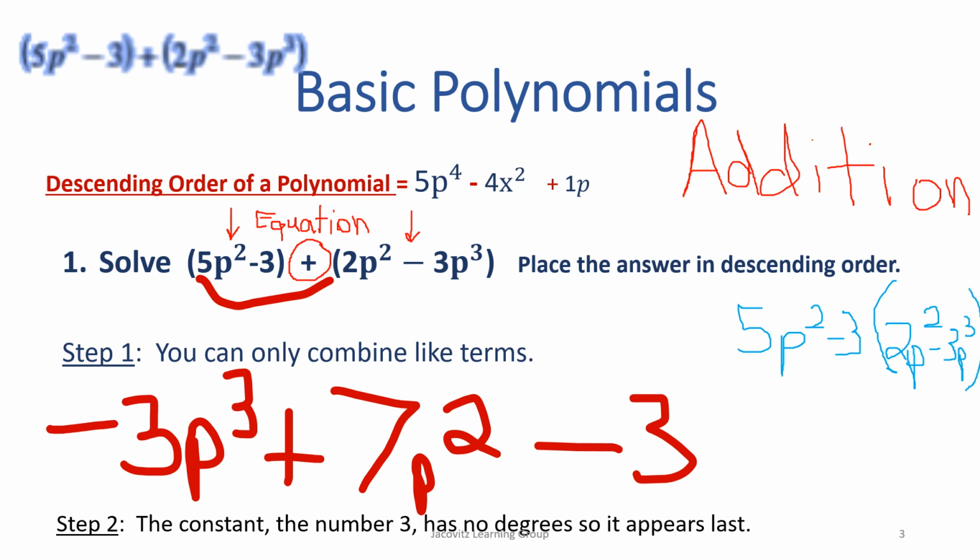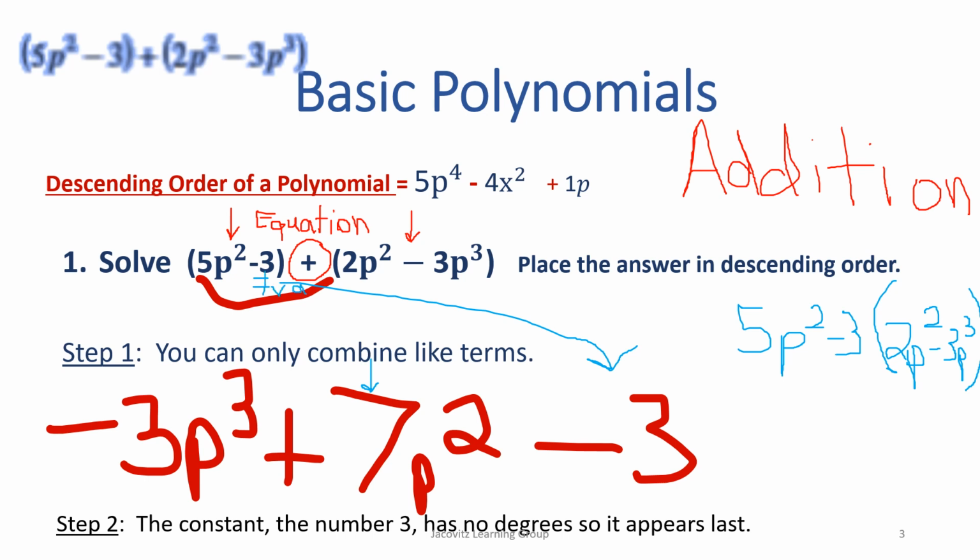Okay? Instead, we're adding. So when we get ready to add, you can only combine like terms. So you have 5p squared plus 2p squared equals 7p to the second power. That's what you have. This negative 3 you take out and you put over here because there is no other one here that has nothing else over here. This is the only one without a variable. So this is by itself, right?